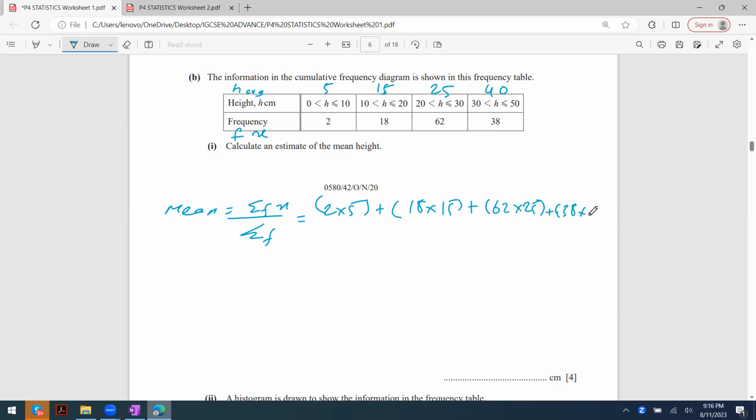38 times 40. Sigma means sum. You are adding the values of fx. In the fx row, 5 twos are 10.